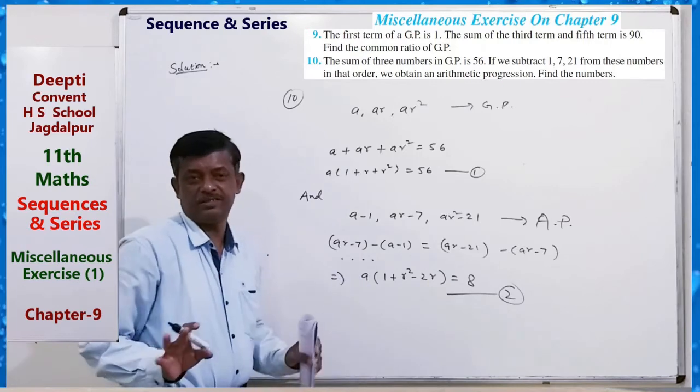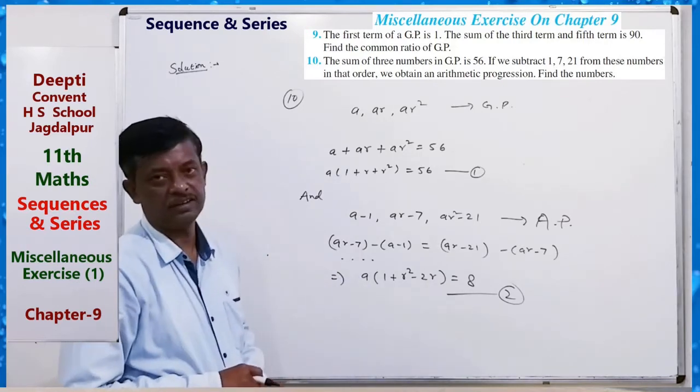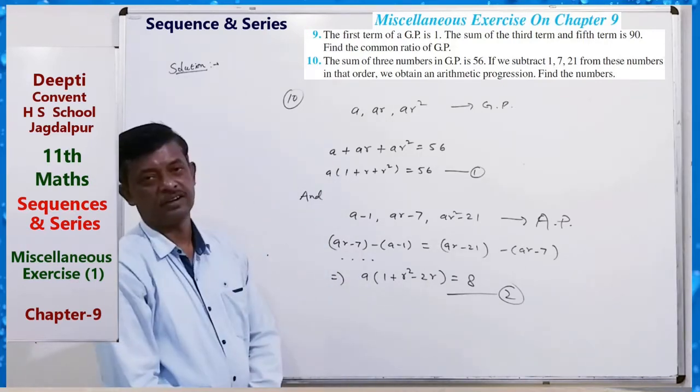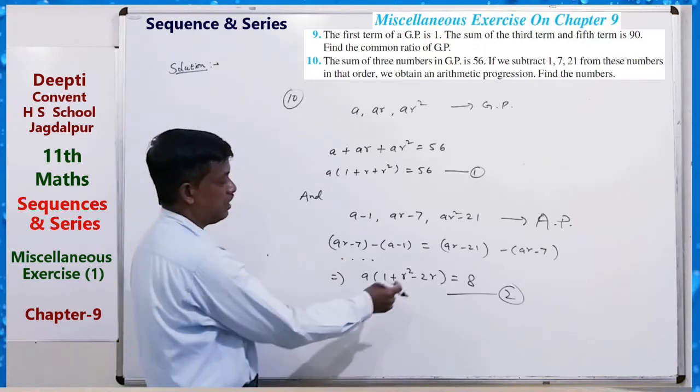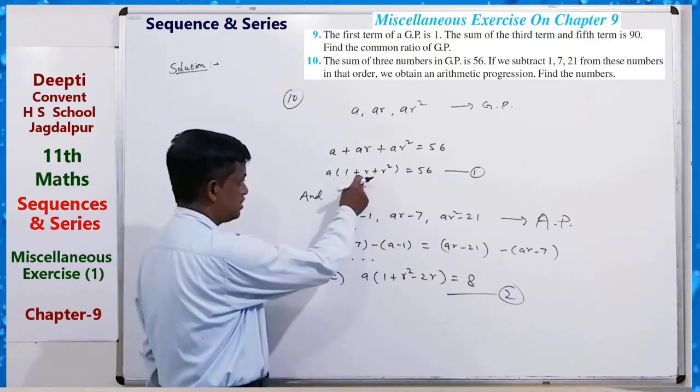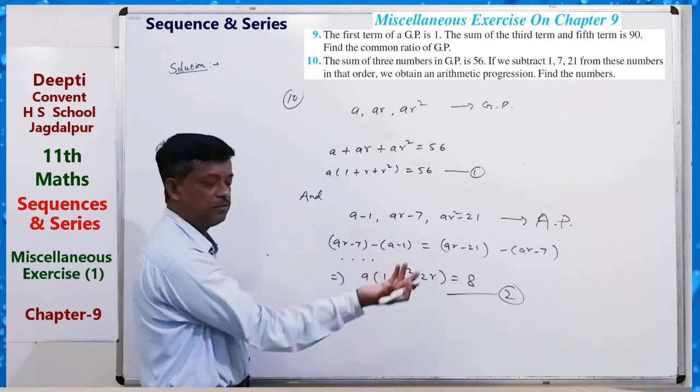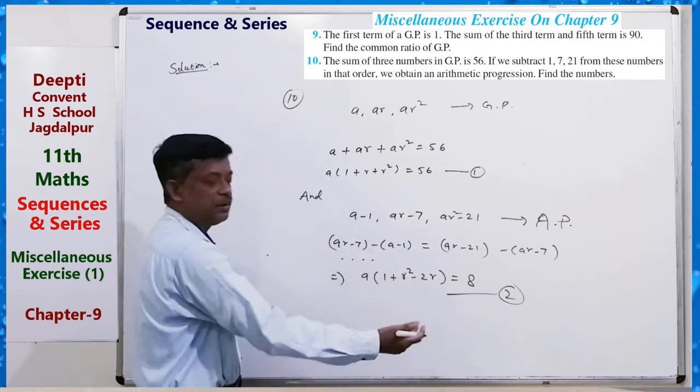Now our requirement is A and R. So we can divide equation 1 by equation 2, A cancels, and R can be found.